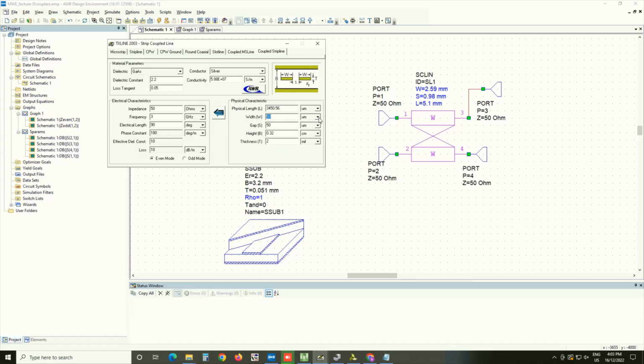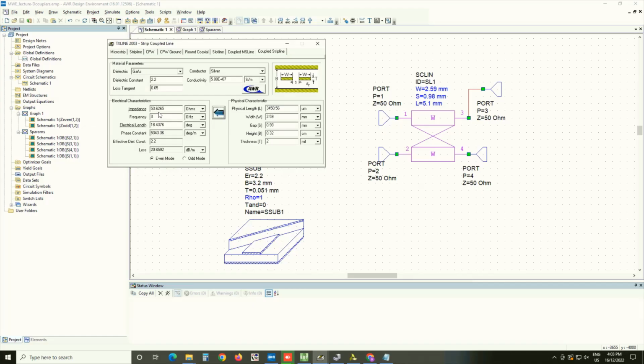So let's do this. And then it says for this an even mode impedance of 53.62.